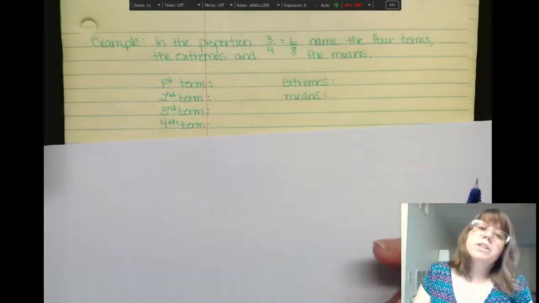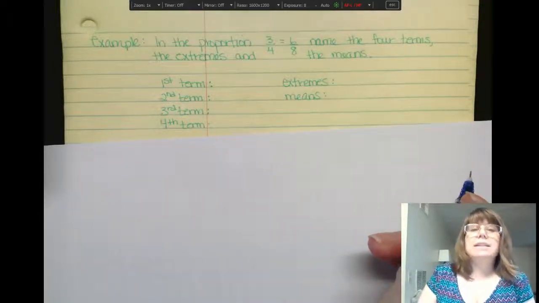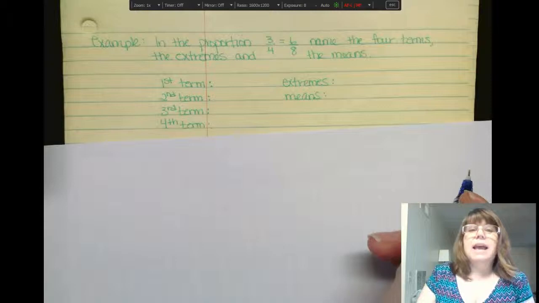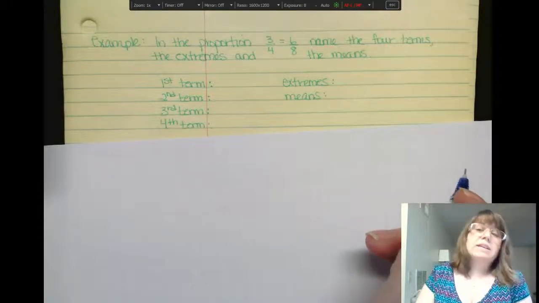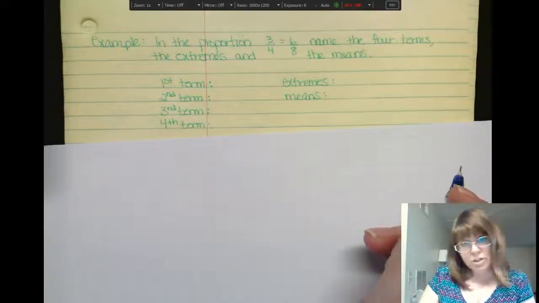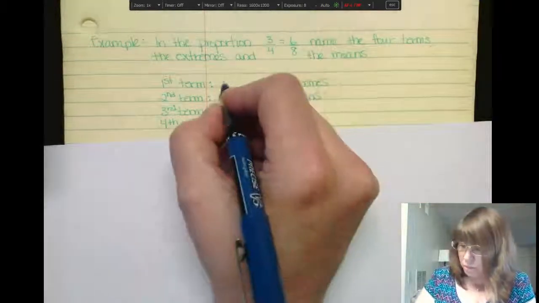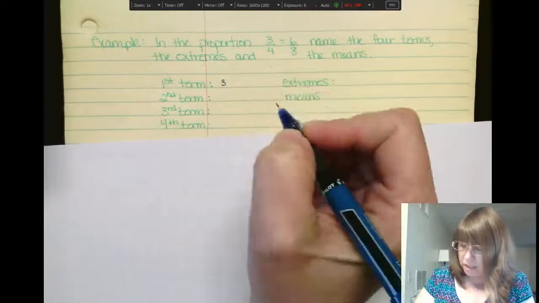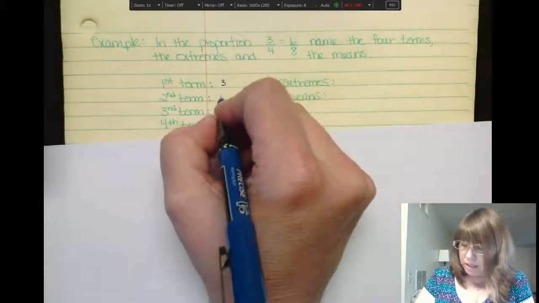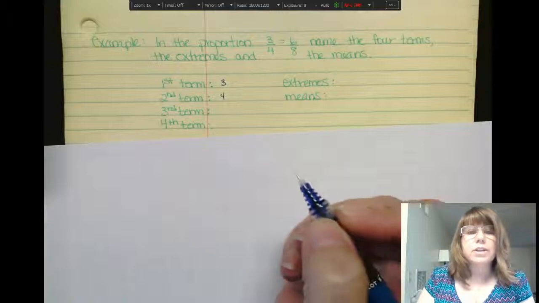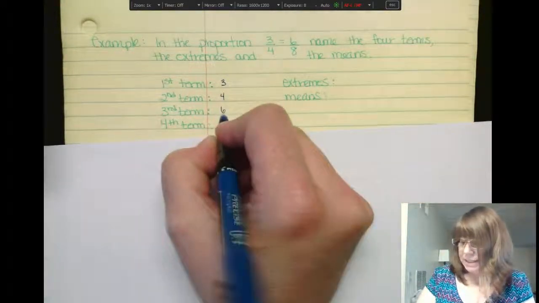So let's take the proportion 3/4 and 6/8. And we're going to name, just for practice, each of the four terms, which ones are the extremes and which ones are the means. So the first term would be 3. The second term is 4. The third term is 6.